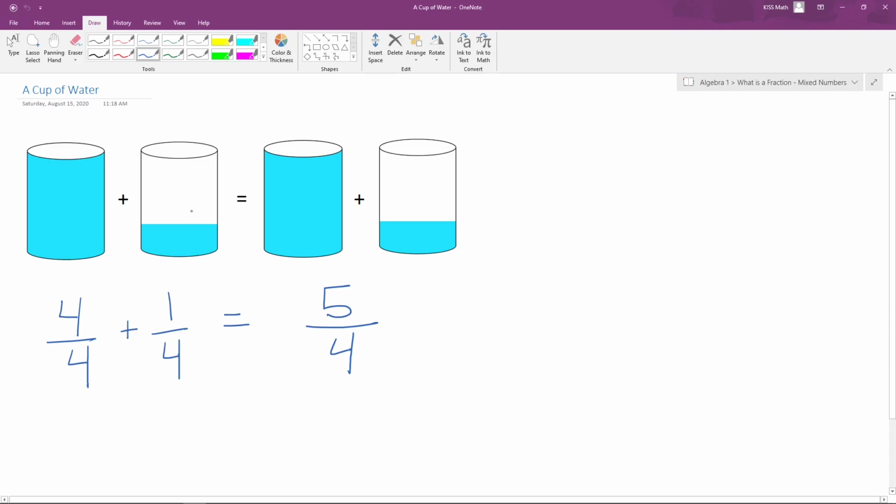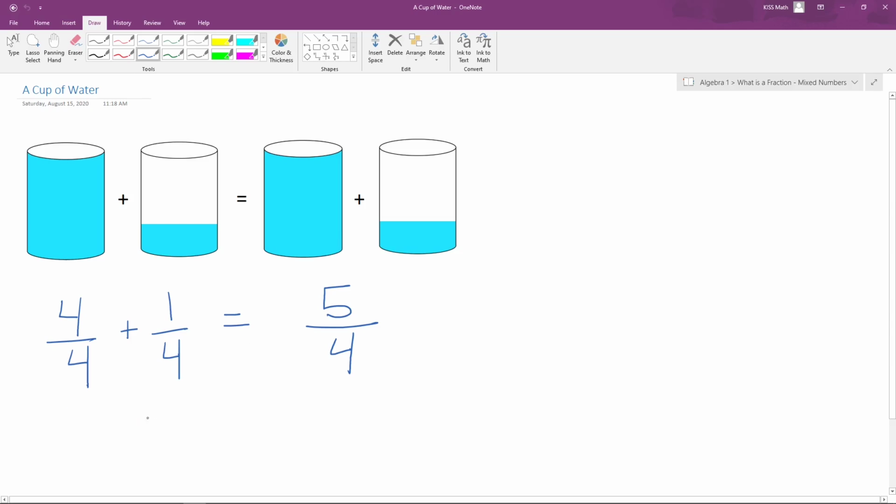In all the other examples, I poured the water and I got rid of this glass. But in this case, since this cup is already full, I have to keep the new glass here to represent this 1/4 cup that I'm adding. And we also said that this 4/4 is the same as 1 cup, right?